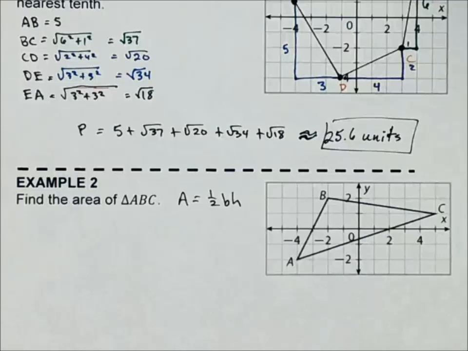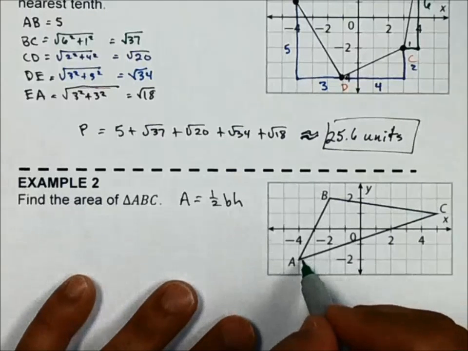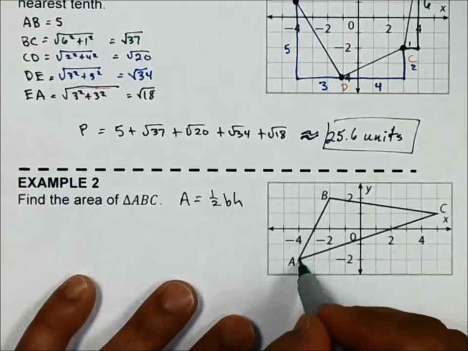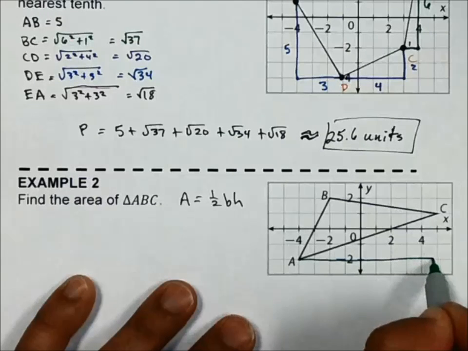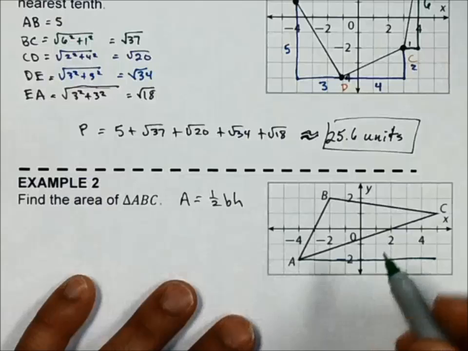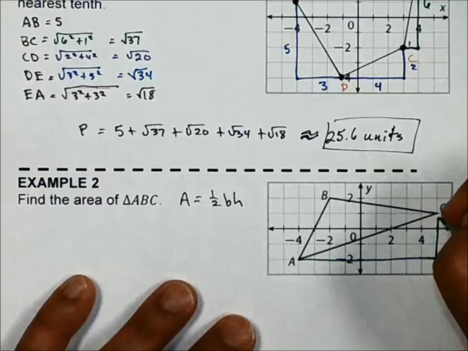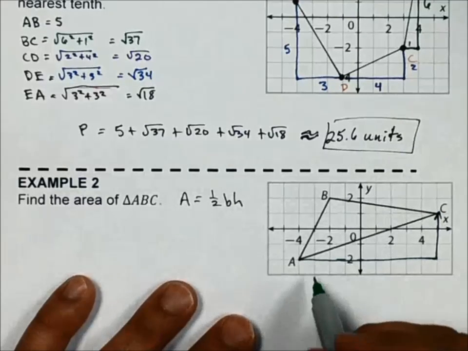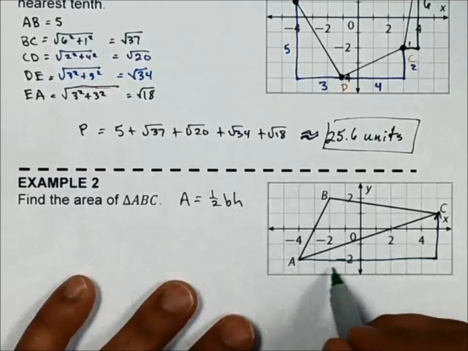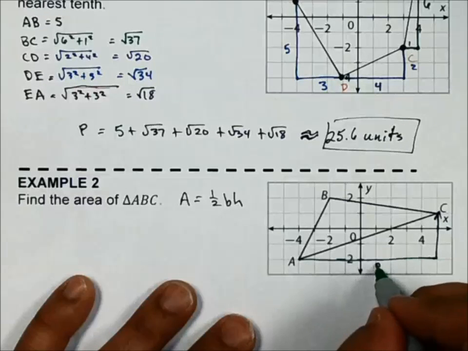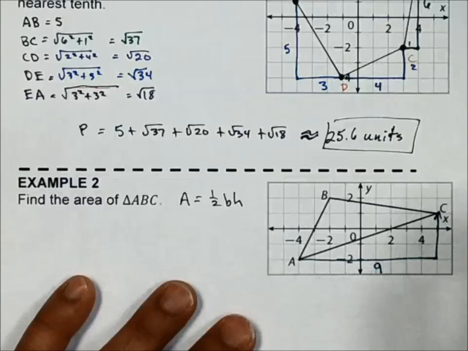So again, I want to use the Pythagorean theorem to figure this out. I'm going to force a right triangle, using our slopes. So I'm going to go horizontal, then I'm going to go vertical. So I need to count these, and that's going to give me 9 units this way, and then 3 units up.